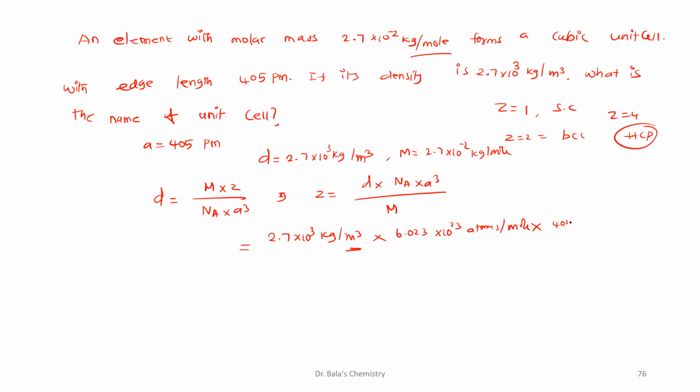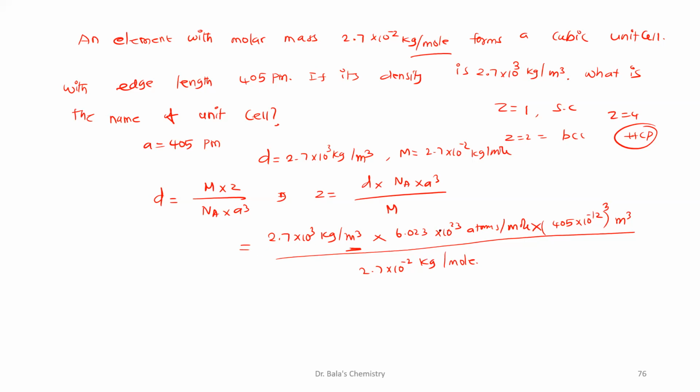That is 405 into 10 power minus 12, the whole cube, divided by the molar mass. It should be meter cube, right, sir? Yes, sorry, 405 into 10 power minus 12 meter cube. Meter cube only here also.